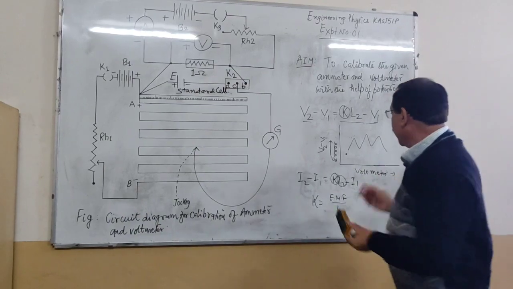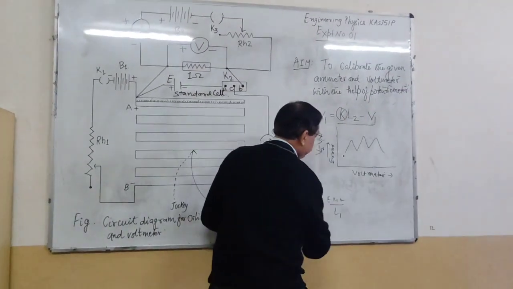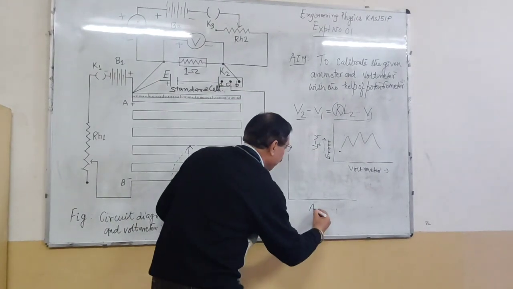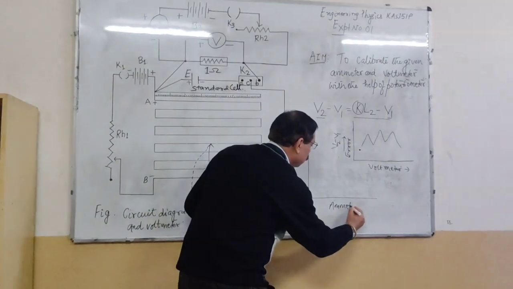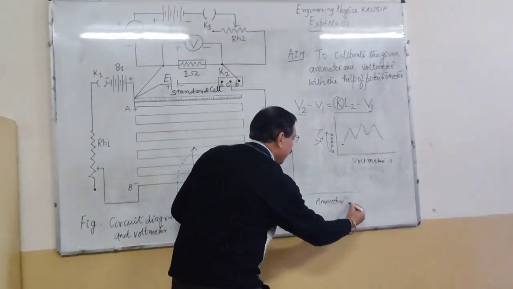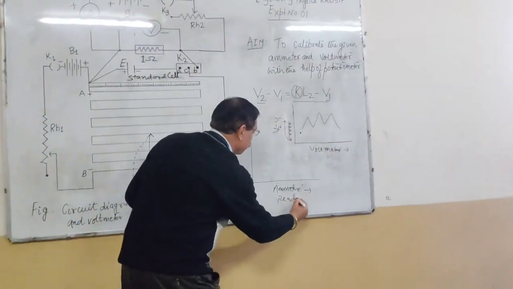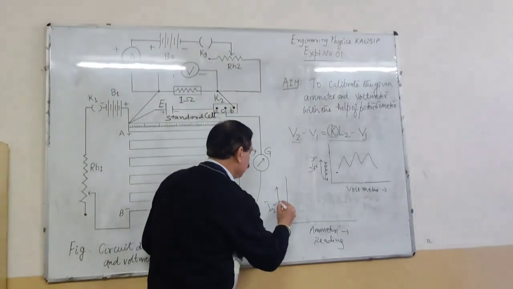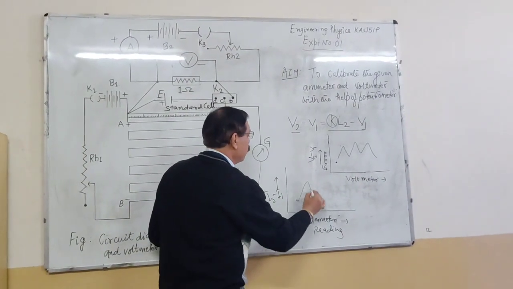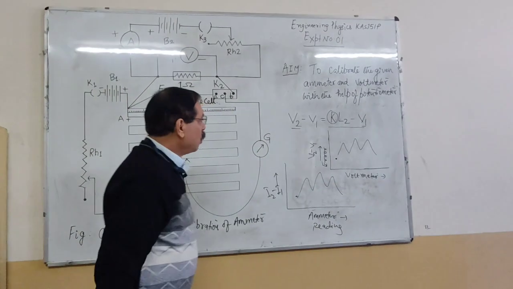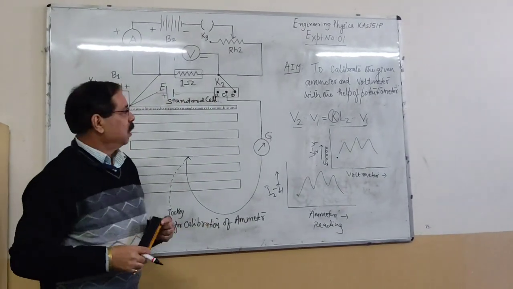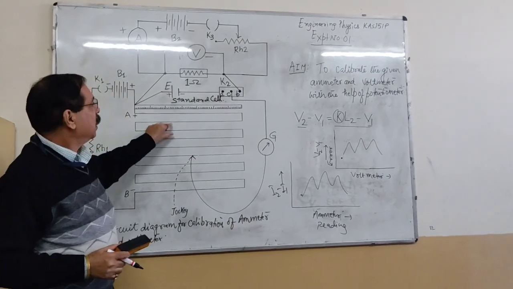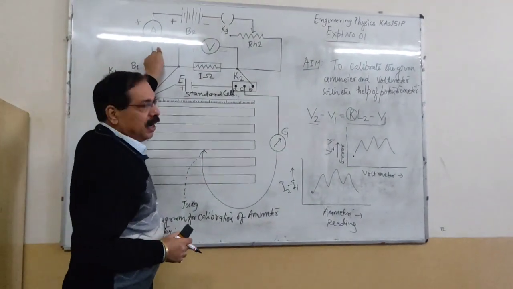And again we will plot a graph between the ammeter reading along x-axis, and along y-axis error, that is I2 minus I1. Again you will get a zigzag graph. It shows there is error in the reading measured by the potentiometer and reading of voltmeter and ammeter.